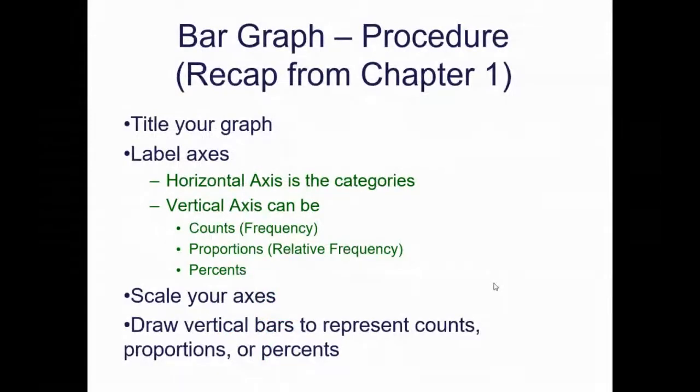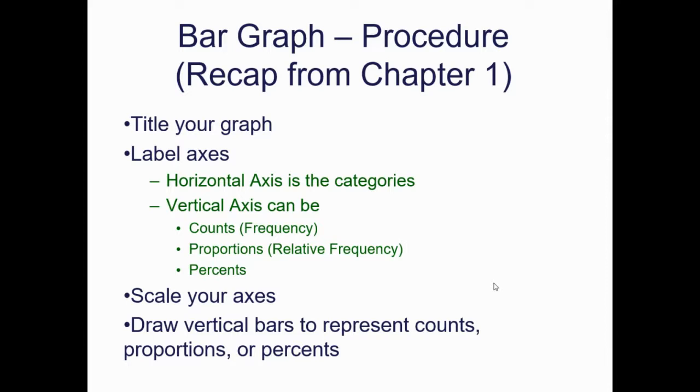So we talked about this in chapter 1 when we did the bar graphs. If you remember, like that ice cream example that we did, what's your favorite flavor of ice cream? That walked us through how to create a bar graph. But just as a review, remember, you got to title your graph, label your axes.